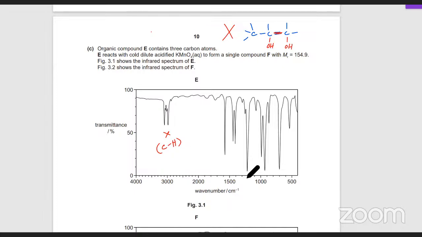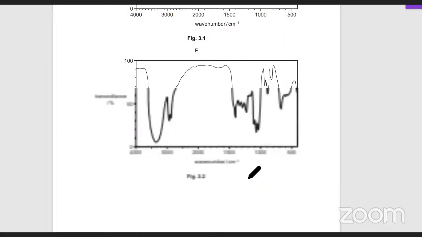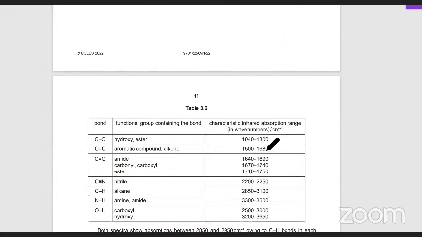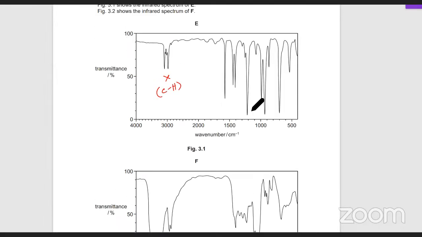You're getting some strong absorption around the 1200 mark. At 1200, what do you get? CO bond. This point could be that, a CO bond. Below 1000, nothing is given in the table.